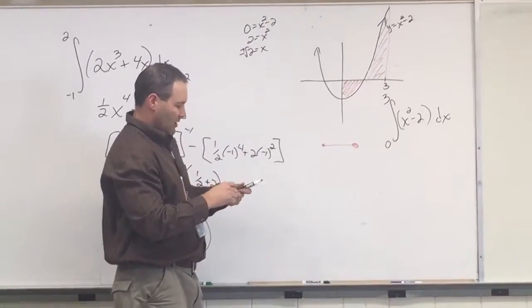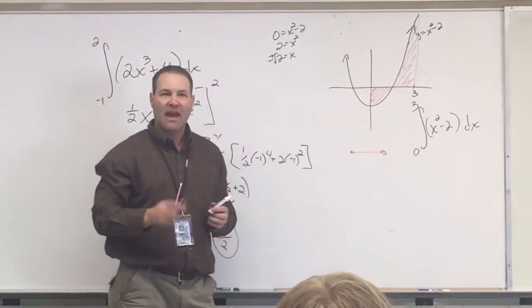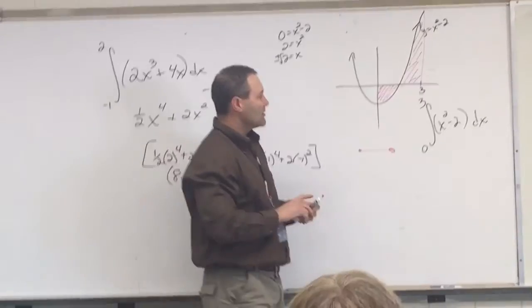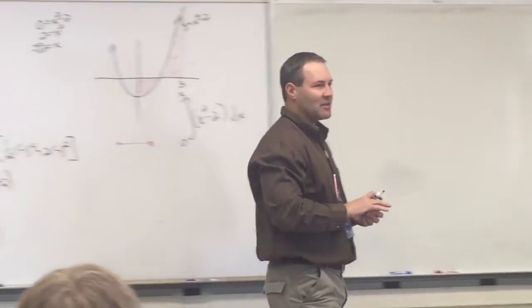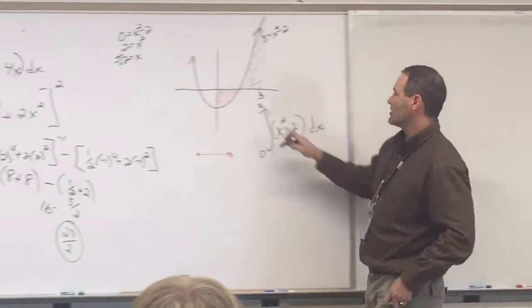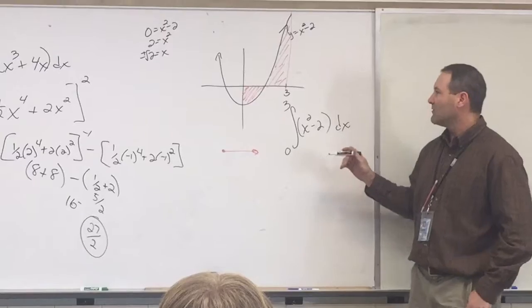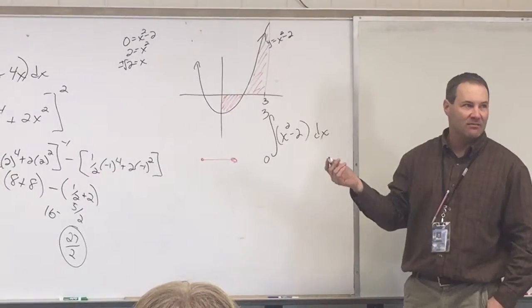Okay, if I wanted to find the average of the function from 0 to 3, and you'll be asked this on the AP exam, you integrate it and you divide by b minus a.